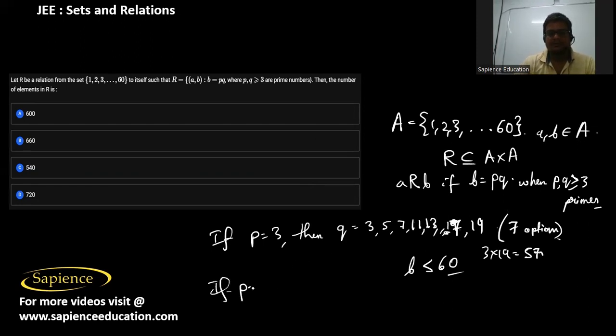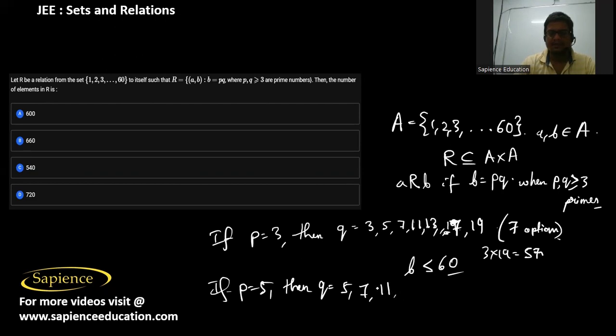Now, if P equals 5, then Q can be 5, then it can be 7, it can be 11.